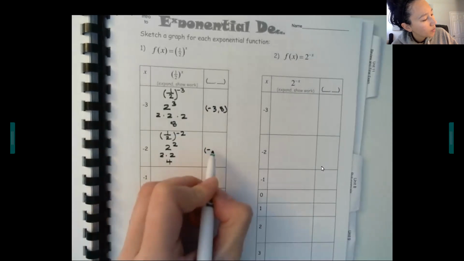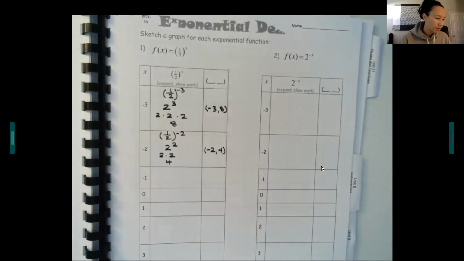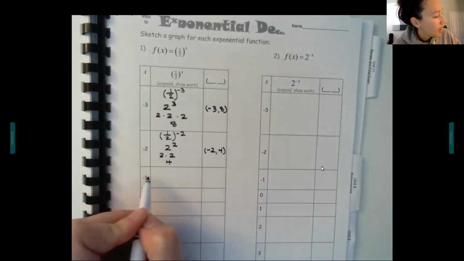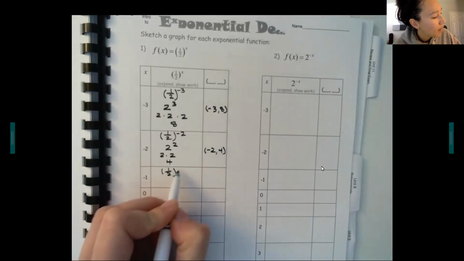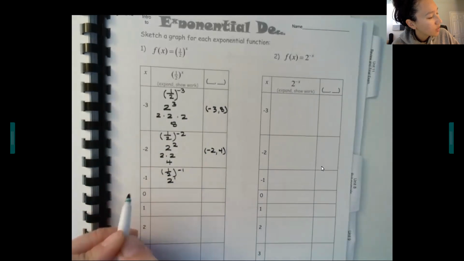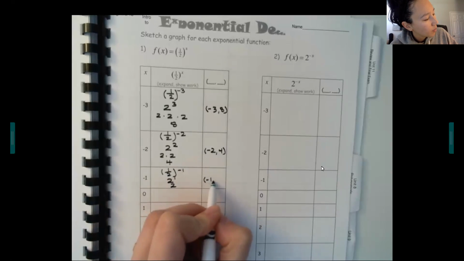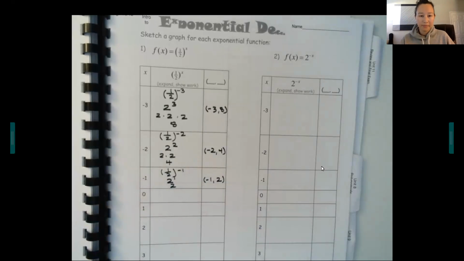So our point will be -2, 4. And then 1/2 to the -1 power. We flip the fraction, and that's just 2 to the positive 1 power, which is just 2. So our point would be -1, 2.